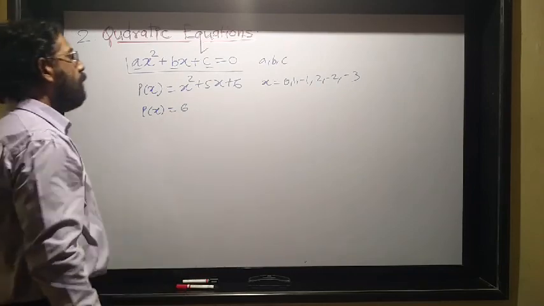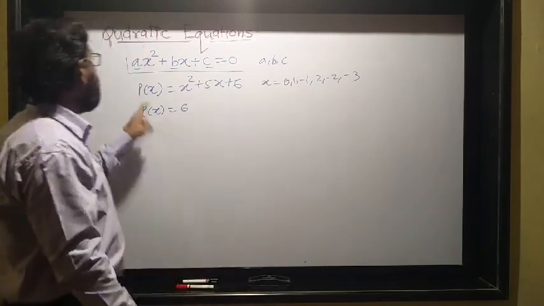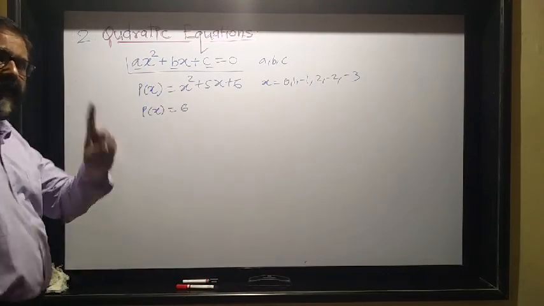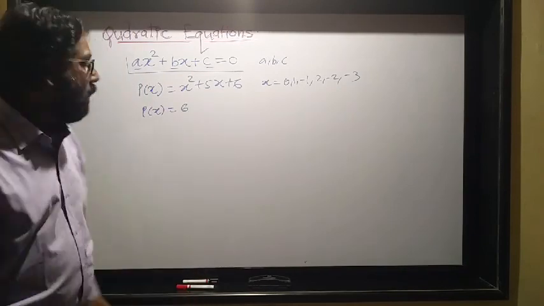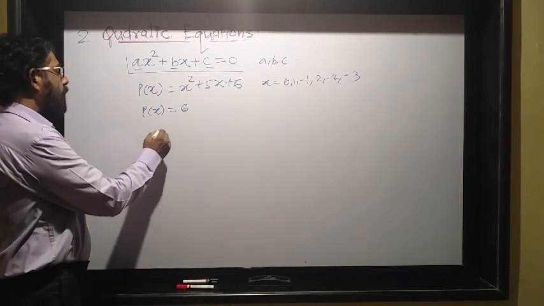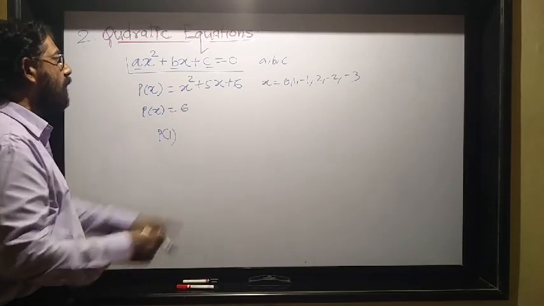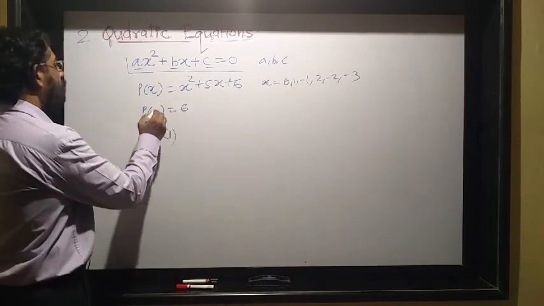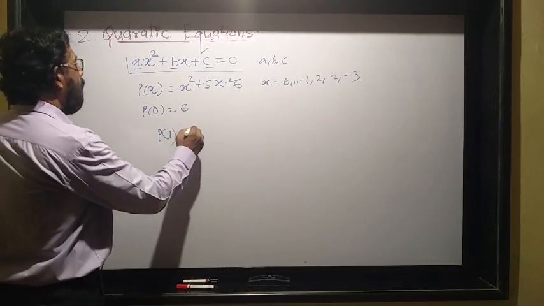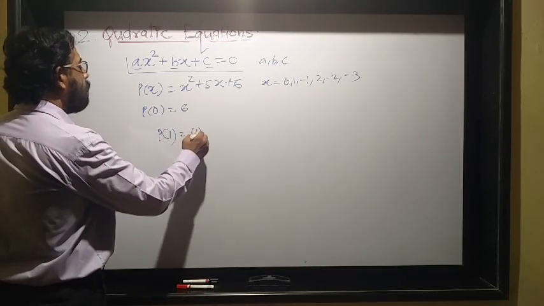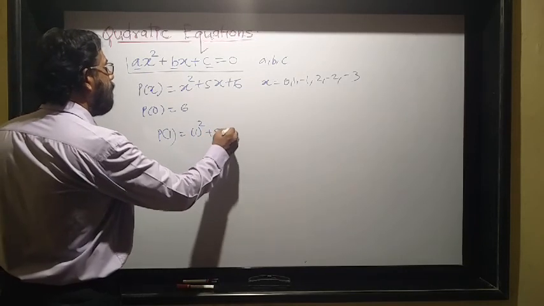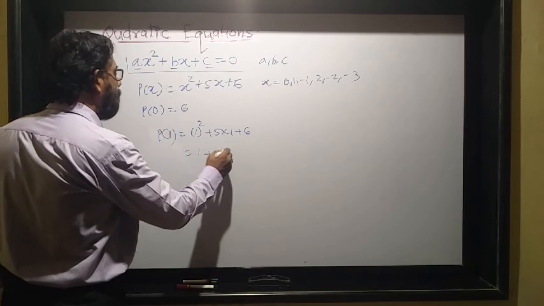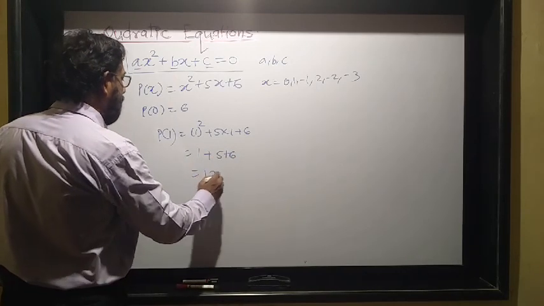Then if you take x equal to 1, how do we write it down? Because for that also there is 1 mark. So we have to write p(1) equal to 1 square plus 5 multiplied by 1 plus 6, which is 1 plus 5 plus 6 equal to 12.